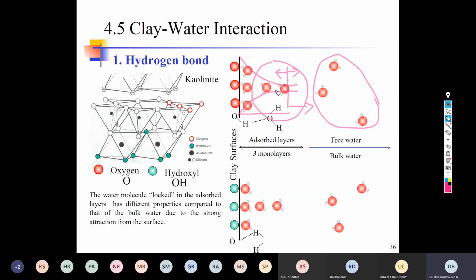This can be removed by putting the soil sample in the oven, that is thermal energy, or by applying some overburden pressure, and because of this mechanical force it can be removed, but not totally, only to some extent, or by applying electrical force like electrokinetics. You can apply any kind of force. Thermal energy can remove the maximum adsorbed layer, the remaining forces not that much.